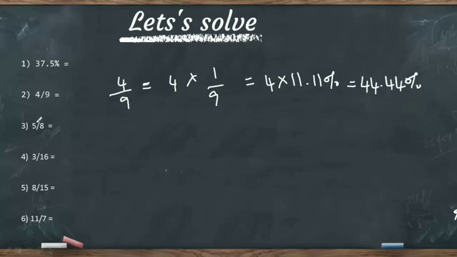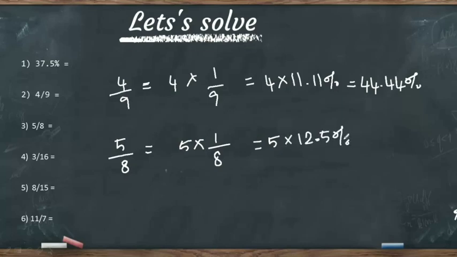Yes, now what about the third one? Again, similarly here also we can write 5 by 8 as 5 into 1 by 8. We do know that 1 by 8 is nothing but 12.5 percentage. So 5 times of 12.5 is nothing but 62.5 percentage. So 5 by 8 in terms of percentage is nothing but 62.5%.